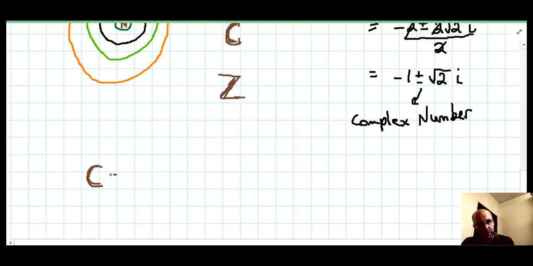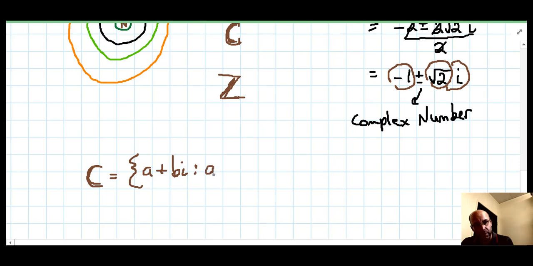So C is the set of a plus bi, such that a and b are real numbers, and i is an operator which stays as i. Okay, so the bi part is an imaginary number.